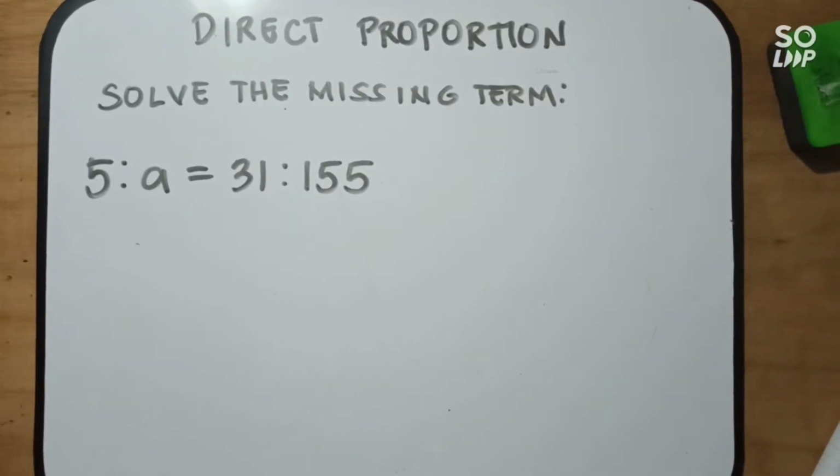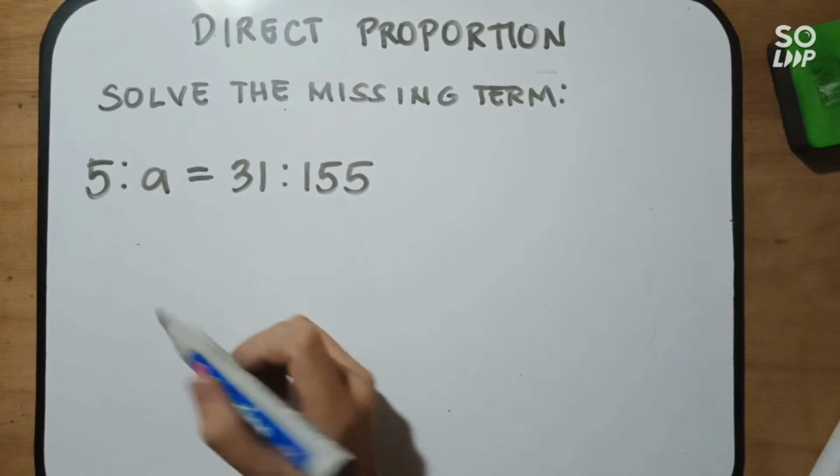Okay, let's try to solve problems involving direct proportion. In the given, solve for the missing term: 5:A equals 31:155. The missing term here is A. The first thing we need to do is express the proportion in fraction form.